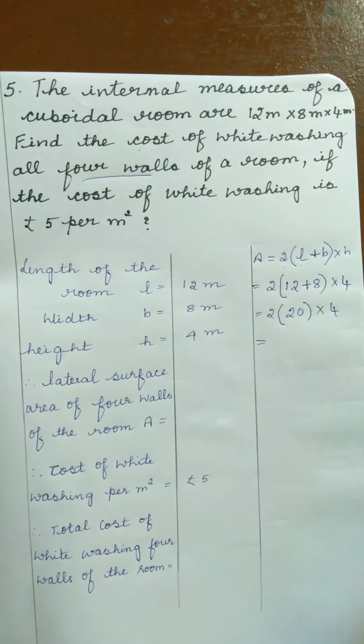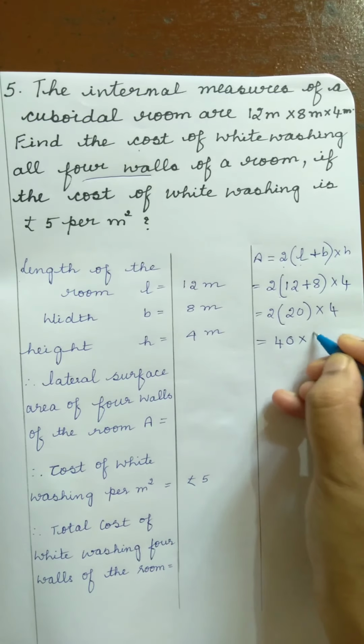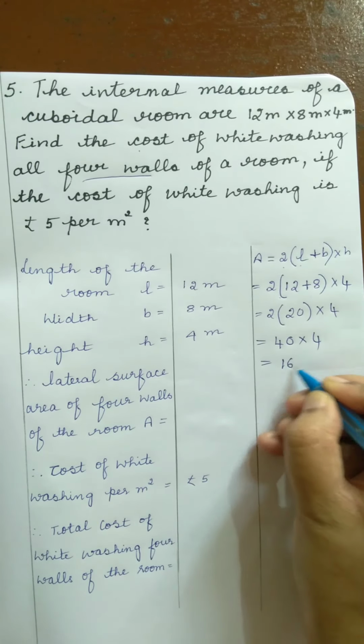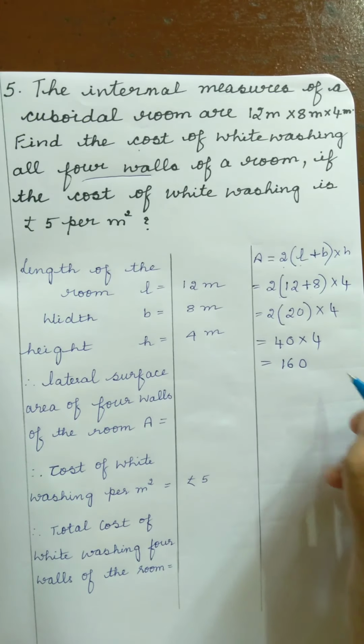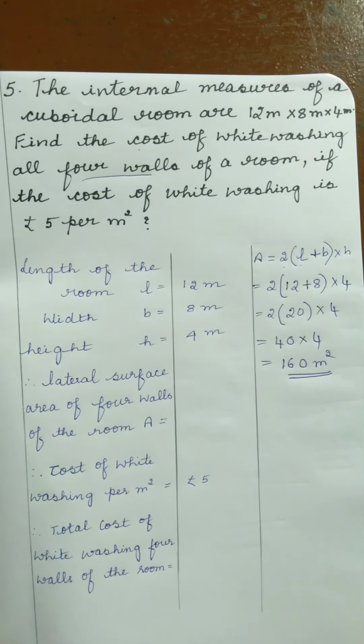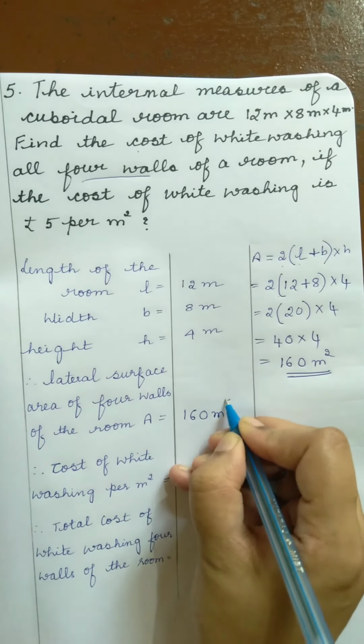On multiplication, 2 into 20 is 40, 40 into 4 is 160 meter square. Therefore, the lateral surface area of the 4 walls of the room is equal to 160 meter square.